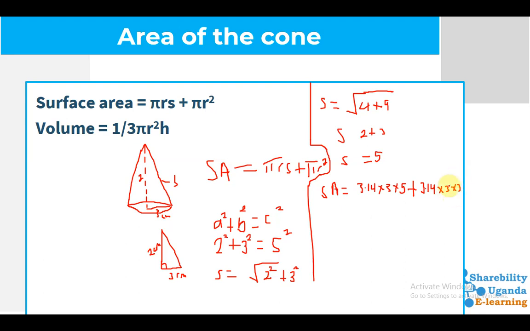We are multiplying by 3 because the radius is squared. Okay, so let us see. What is 3.14 times 3, then times 5.